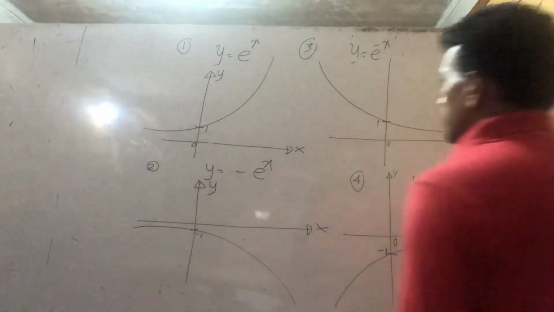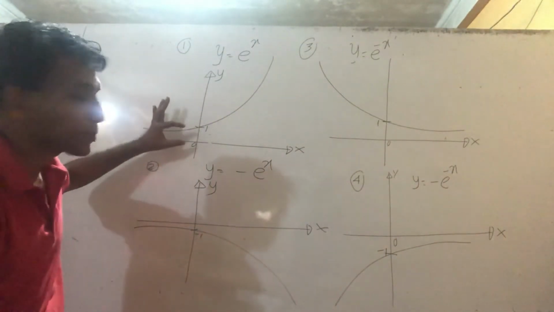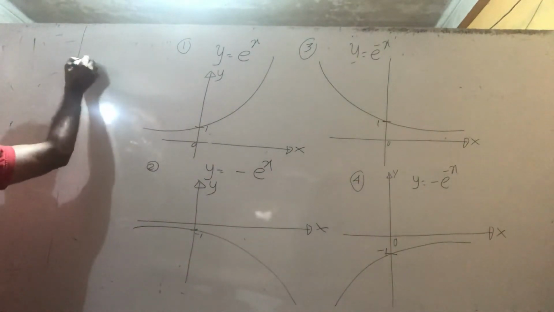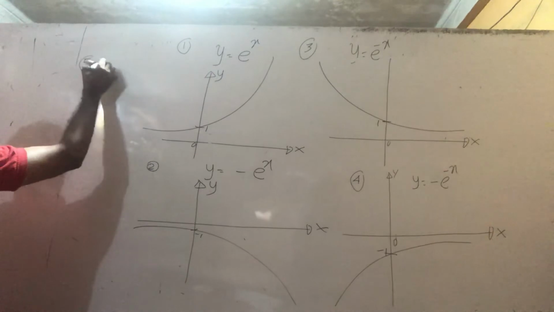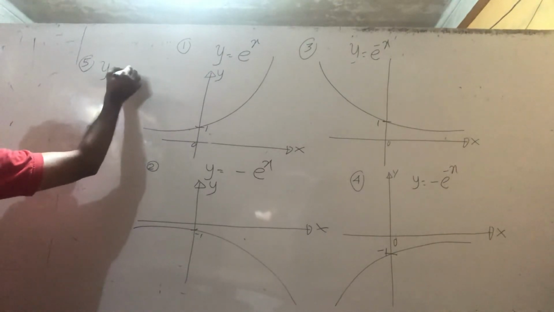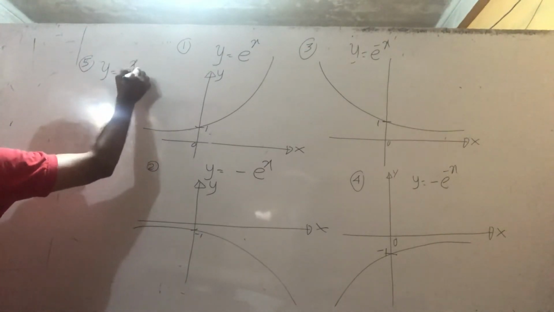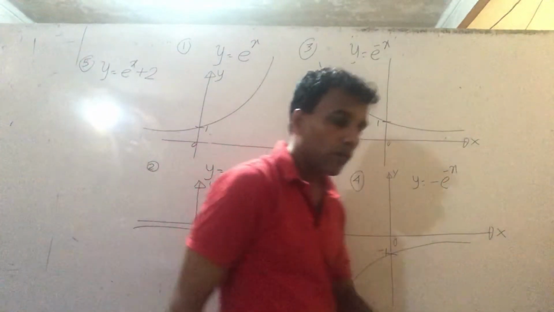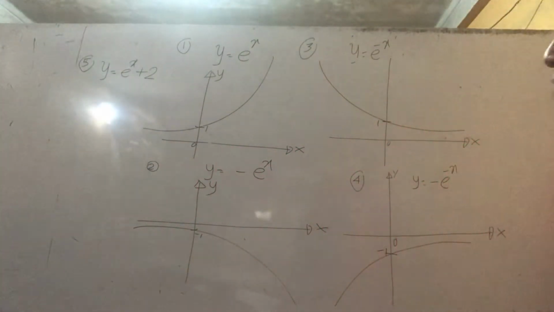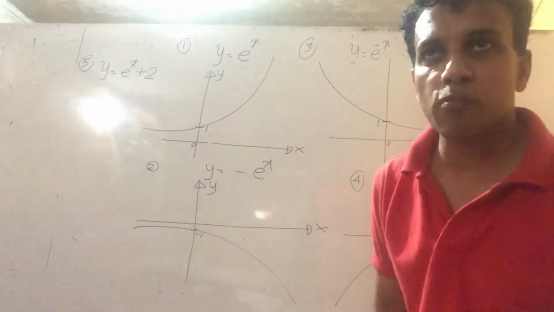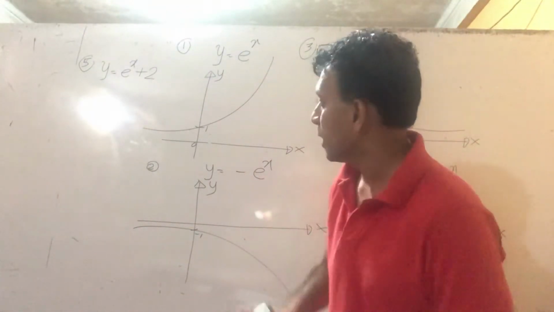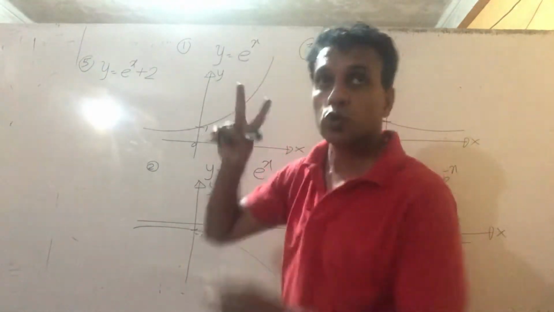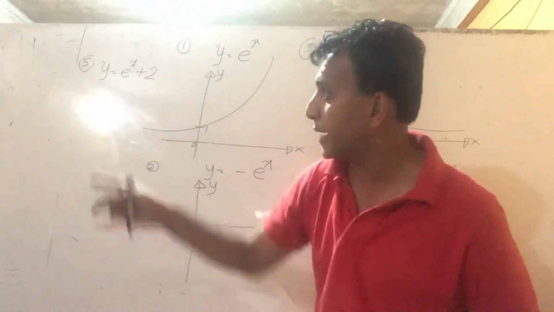Now you see, from this, if I explain another graph, I can mark number 5. Y equal e to the power x plus 2. Think about that. What happens, the simple idea of mathematics, the transformations: if it's 1, it goes 2 units up, added 2, no?